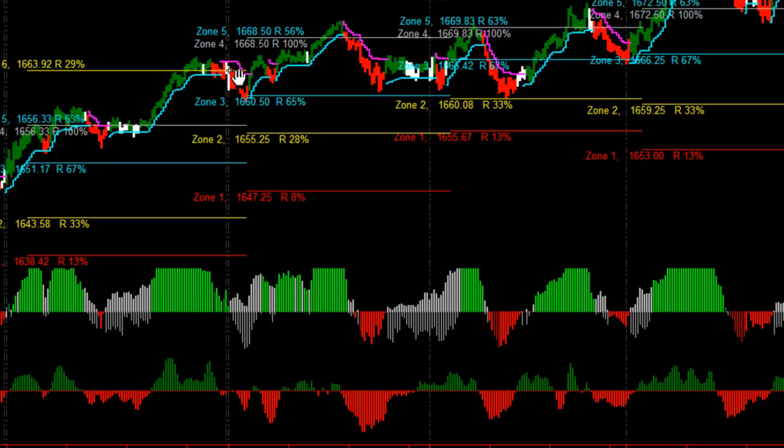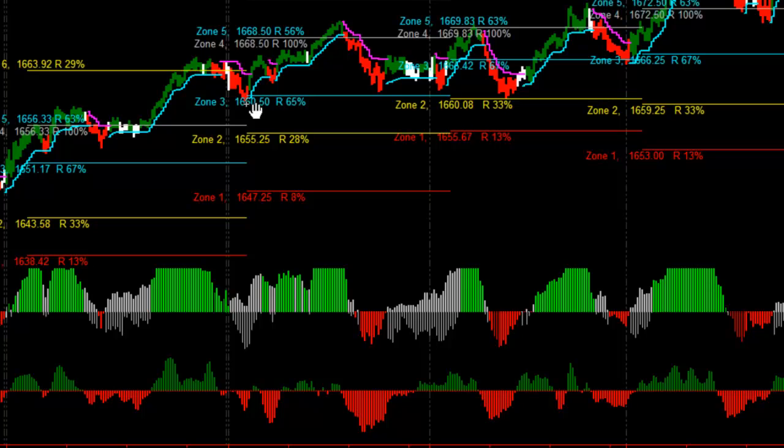So when we open here and we see the market start to go down, we can use this as a target and say, all right, it's likely that the market will go down to or into that 65% zone, and it probably is much less likely to go into a 28% or an 8% zone.